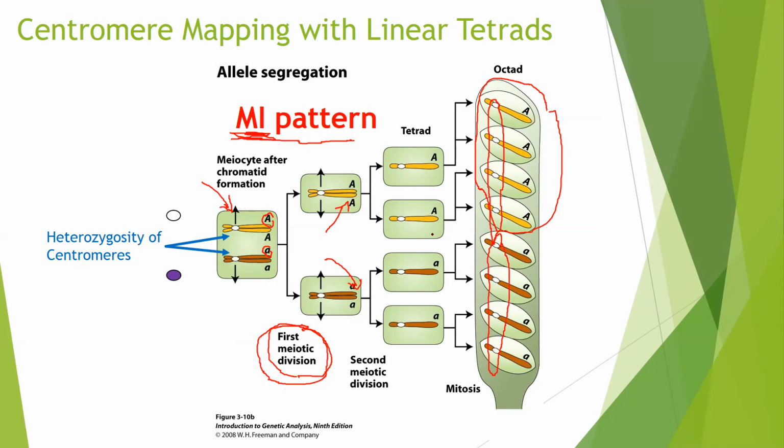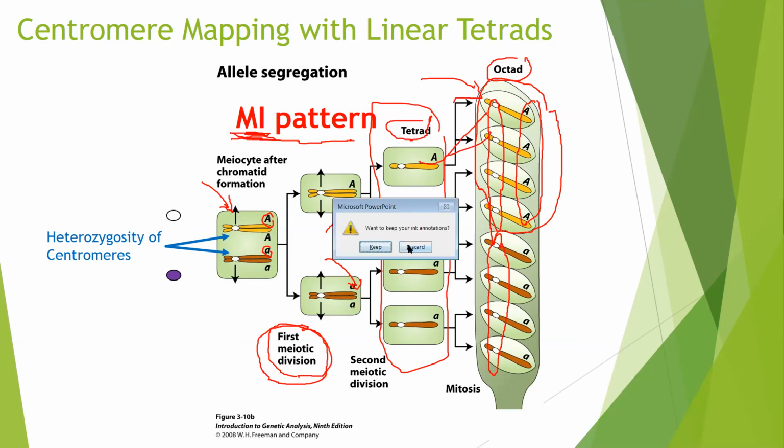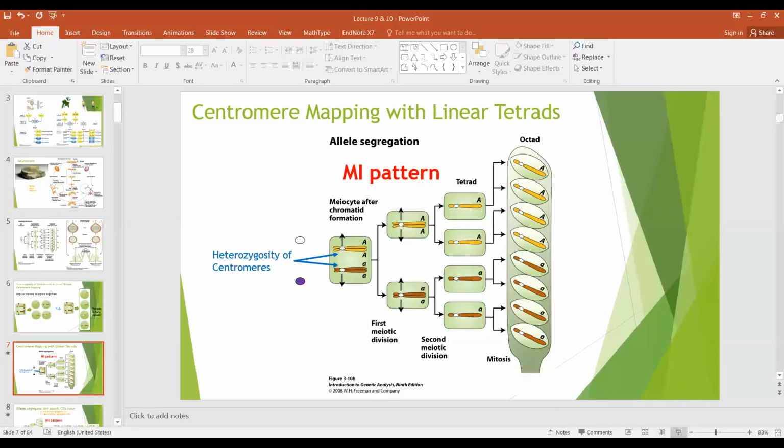So if there's no crossing over, we're going to see the same pattern, big A, big A, big A, big A, and so on. This is the octet. If I put 8 here, it's equivalent to the tetrad here, 4, because each one is going to produce 2 of these. What a messy slide. Let me rephrase this.